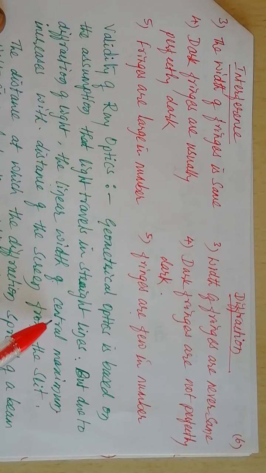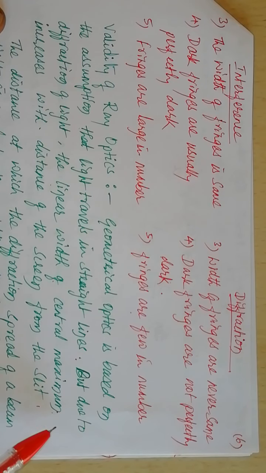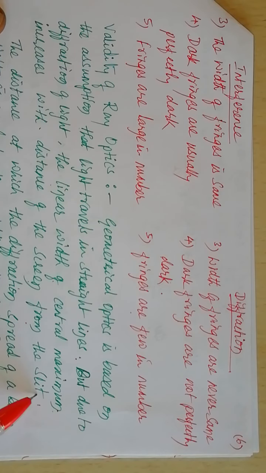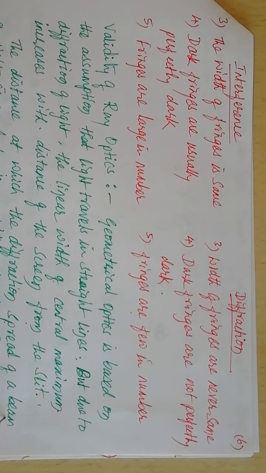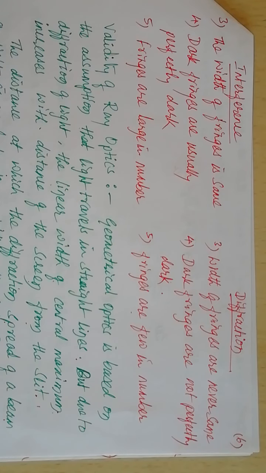The linear width of the central maximum beta or 2x increases with the distance of the screen from the slit. So the distance at which the diffraction spread of the beam of light is equal to the width of the slit is called Fresnel's distance, and it is denoted by ZF.